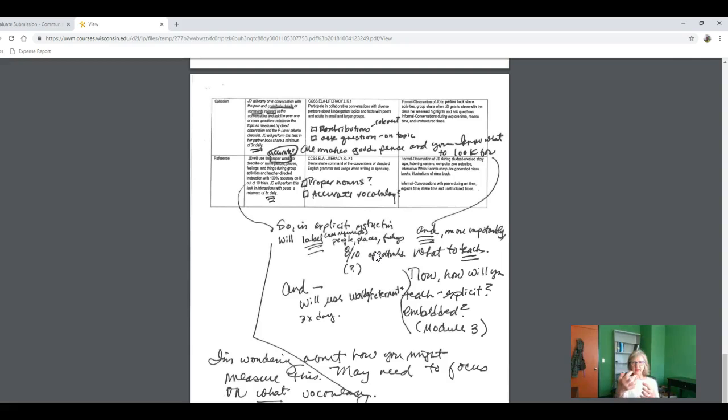And so you've already got some of the Common Core standards that you're looking to help you contextualize. And then in Module 3 we're also trying to figure out, are we going to teach this skill explicitly and then try and embed it? Or is it far enough along that we can just try and embed and support it?